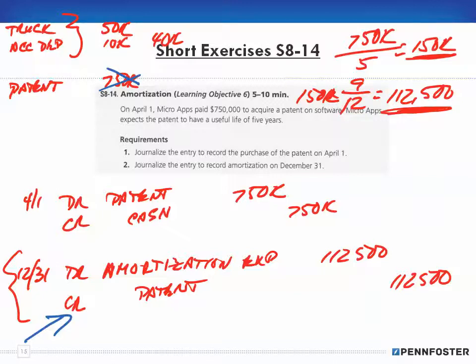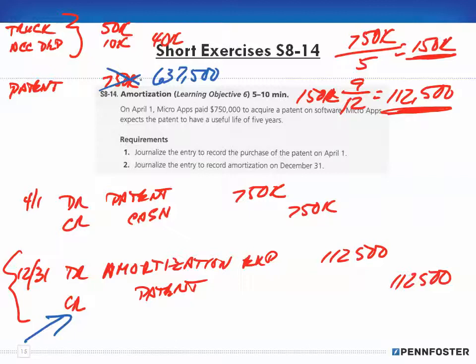So 750,000 minus 112,500, and the balance in the patent account after we posted that journal entry would be 637,500.